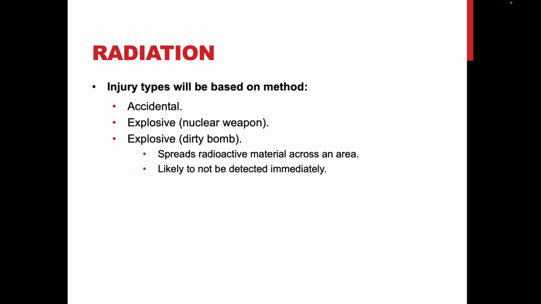With dirty bomb explosions, this spreads radioactive material across an area and is not likely to be detected necessarily immediately because we'll be focused primarily on the explosion. Again, dirty bombs typically are more of a psychological warfare agent than the radiation truly posing a significant threat.